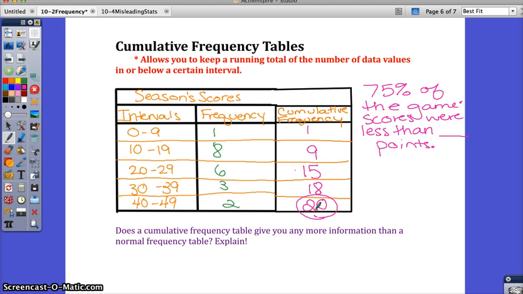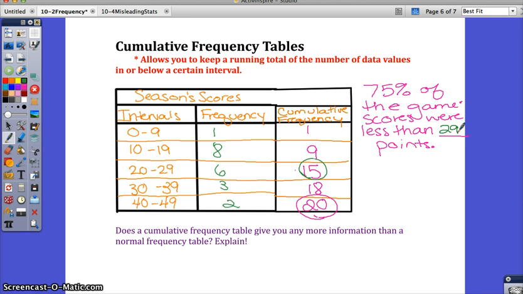If we have a total of 20, what's the score that 75% of the games had less than? Well, 15 out of 20 is 75%. So there were 15 data values under what score? Under the 29. So 75% of the games had less than 29 points, if that makes sense.